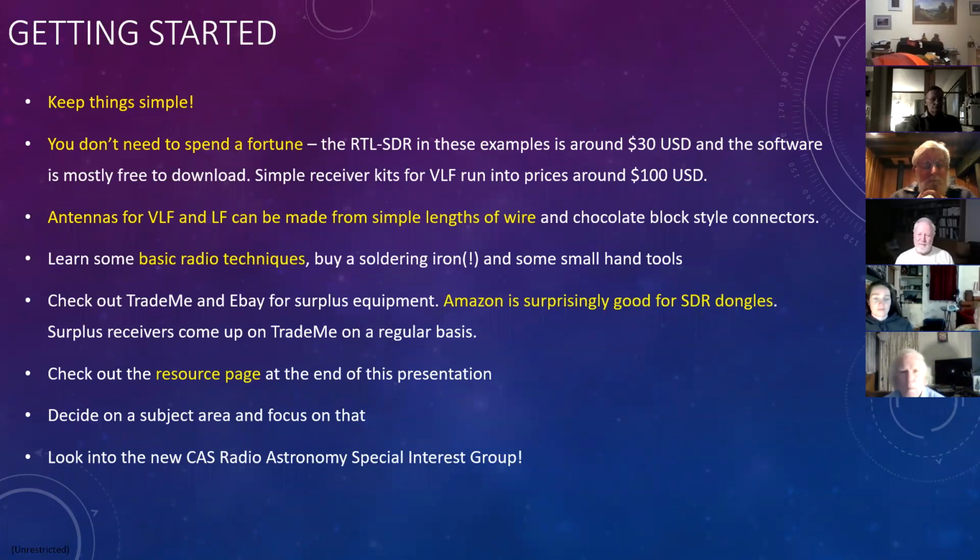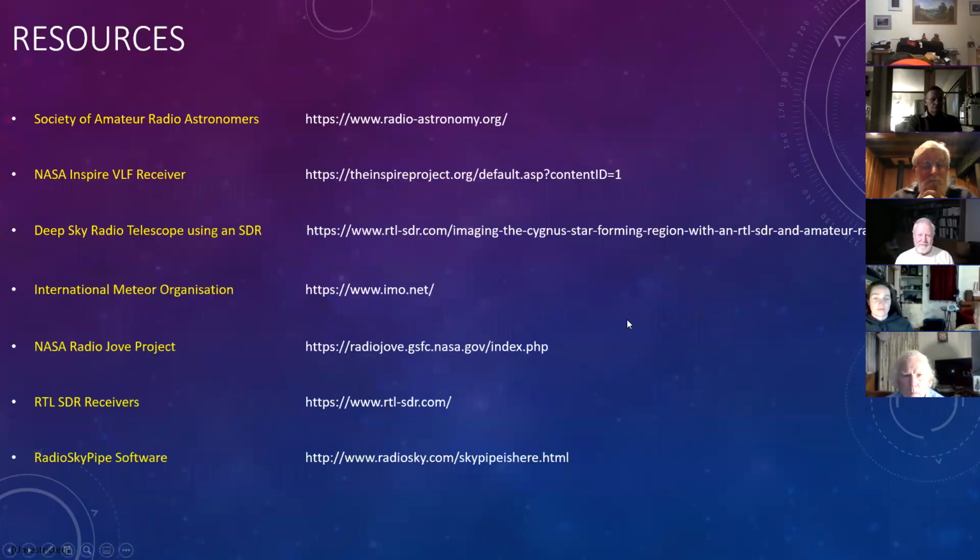So some resources there. I've included the links for SARA, which is the Society of Amateur Radio Astronomers. There is some great stuff on their website around very, very simple meteor detection, VLF receivers, and hydrogen line radio telescopes, the NASA-inspired VLF receiver, and the RTL-SDR dongles.